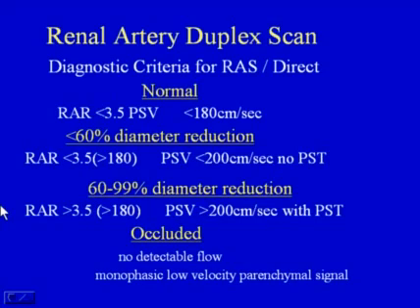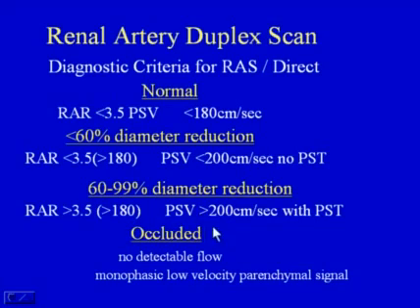However, the absolute PSV is 180 to 200. The key thing is to note that you will find no poststenotic turbulence in patients that have less than 60% stenosis. A 60 to 99% diameter reduction is consistent with an RAR of greater than 3.5, a PSV of greater than 180, and the presence of poststenotic turbulence.